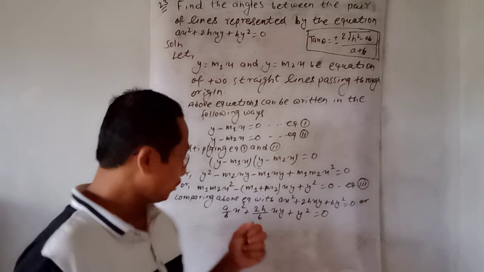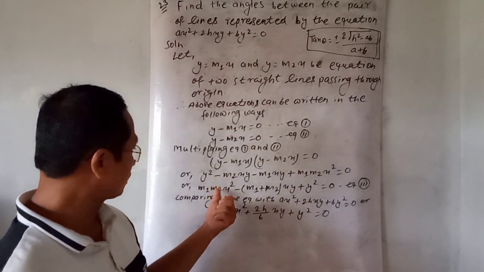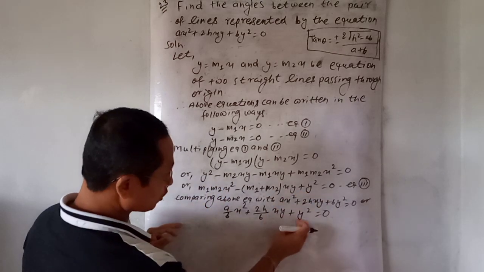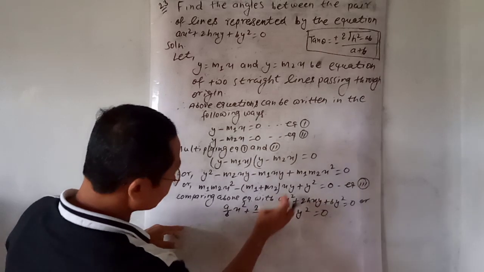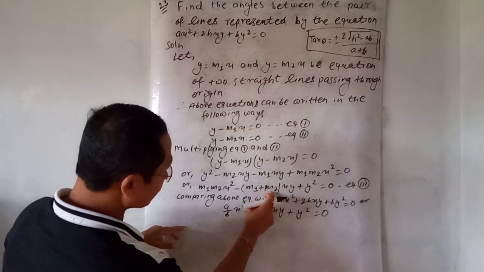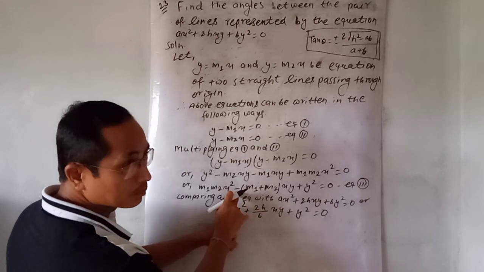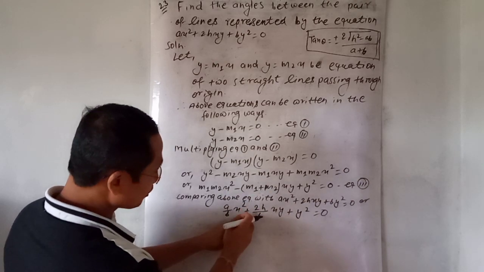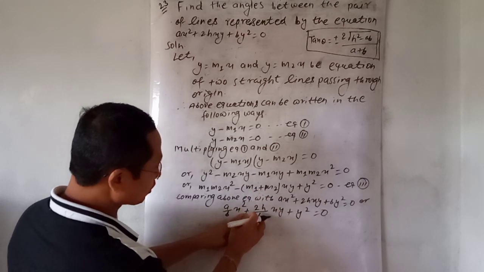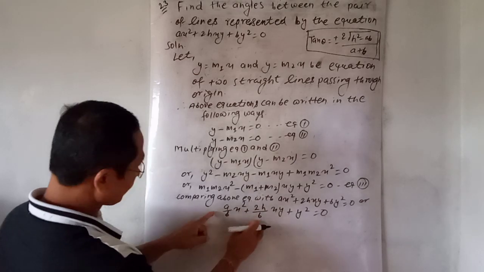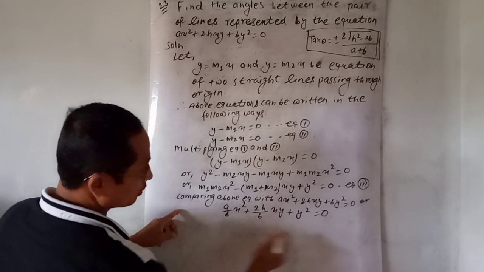I mean, we have to compare now this and this, because this is in the form of this equation. See, plus y square is matching. It means now xy is matching. It means the m1 plus m2 value will be minus 2h by b, because here minus is given. That's why its result will be in the minus. m1 plus m2 is equal to minus 2h by b, and m1 into m2 is equal to a by b.